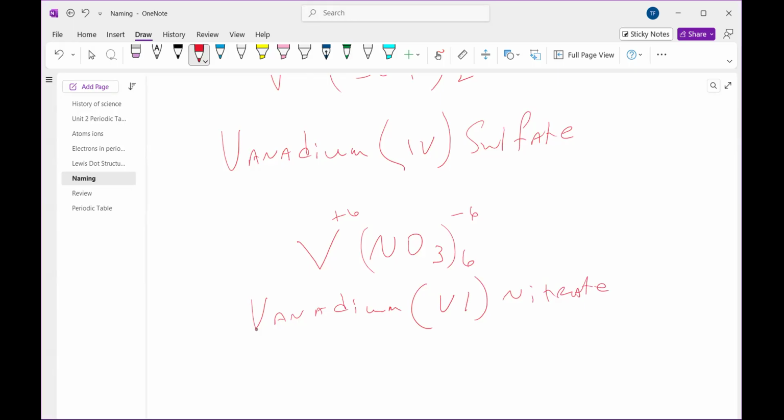On your chart, it's in the middle, on the right. Okay, so those are the 2 conventions.